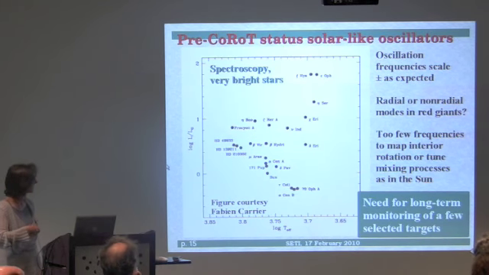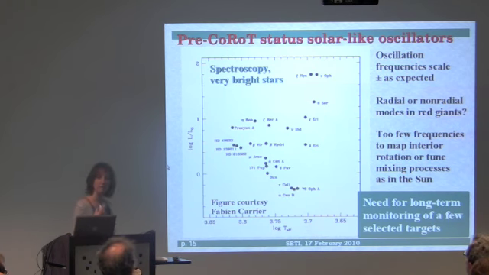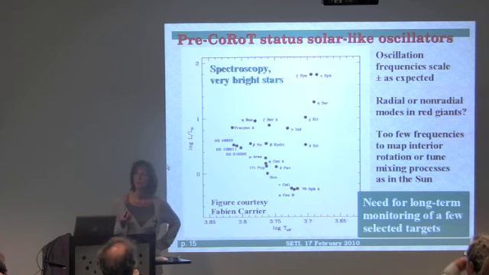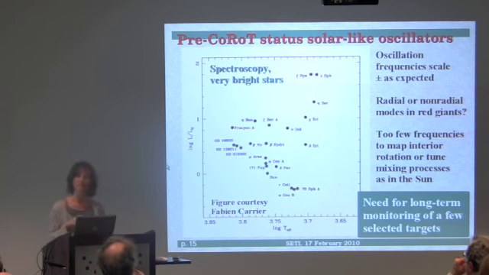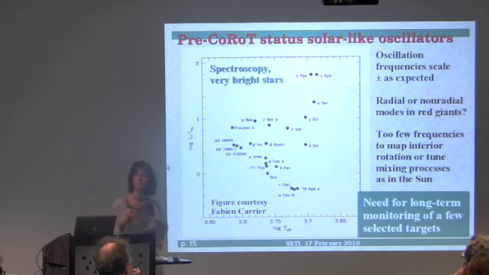Just showing you an HR diagram again, temperature, luminosity. All these dots here are stars for which we had a detection of solar-like oscillations before the CoRoT mission was launched. Now there are many stars, meanwhile, given that Alpha Centauri was the first one, and that was 2001. So we're in a very young research field here.